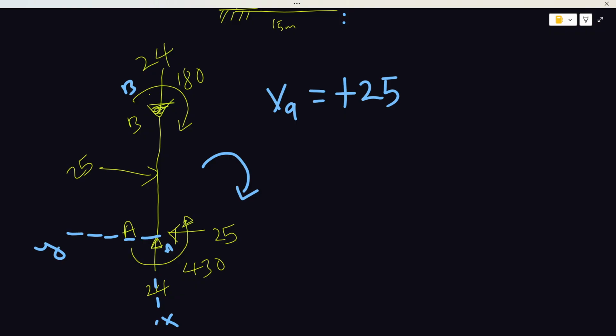Or if you don't want to waste time by redrawing it, you can tilt your neck while viewing this. Tilt your neck this way. Then you'll see what I'm saying. So, once again, I'm looking in this direction for my shear force, because that is the y direction. So plus 25 at A, kilonewtons.